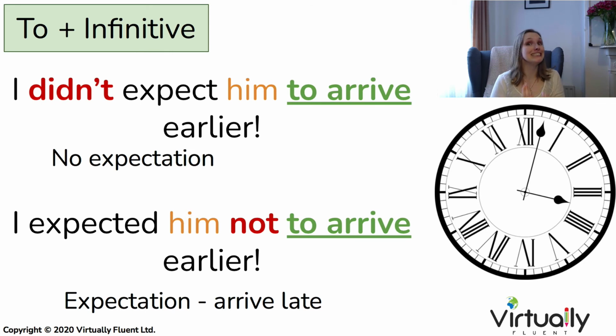If we say, I didn't expect him to arrive earlier, you had absolutely no expectation. No, I didn't expect it. If we say, I expected him not to arrive earlier, you have an expectation. Yes, I expect something. What do you expect? That he will not arrive early.